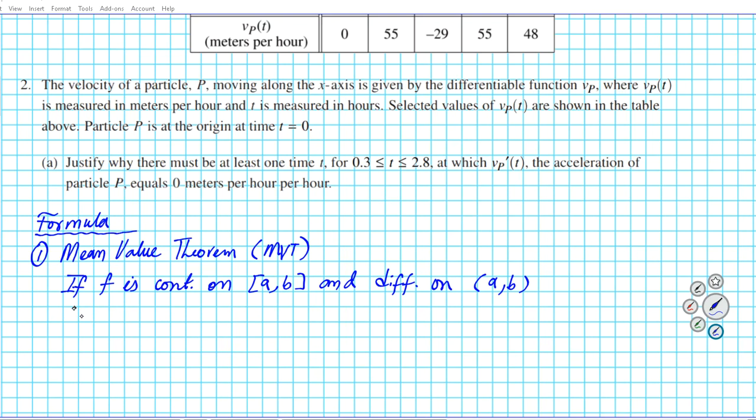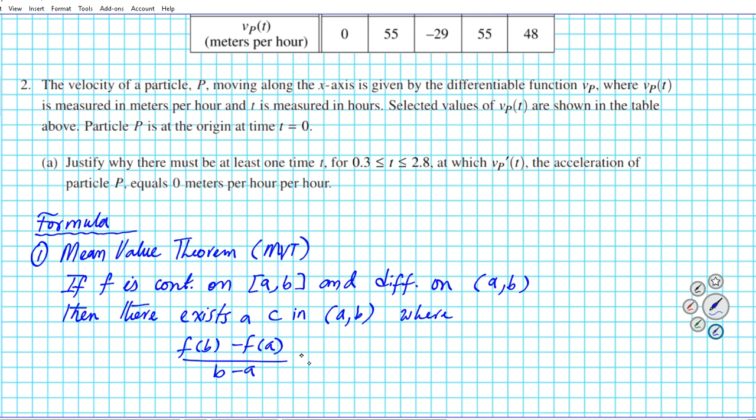For the conclusion, we have that there exists a c in this open interval (a, b) where the average rate of change on [a, b], which is f of b minus f of a over b minus a, represents the slope of the secant line on the entire interval.